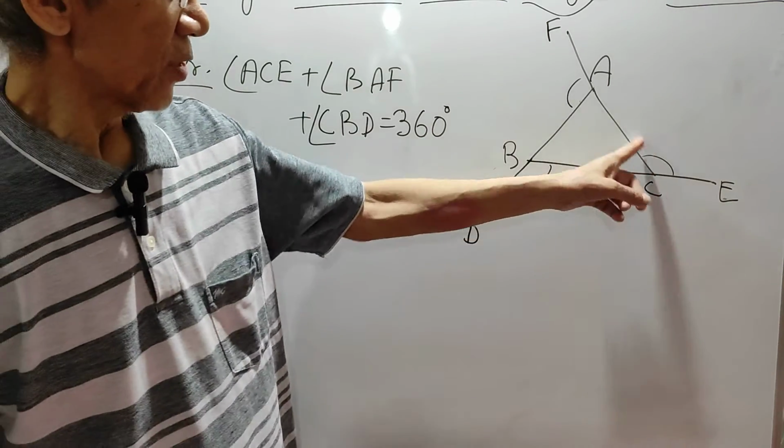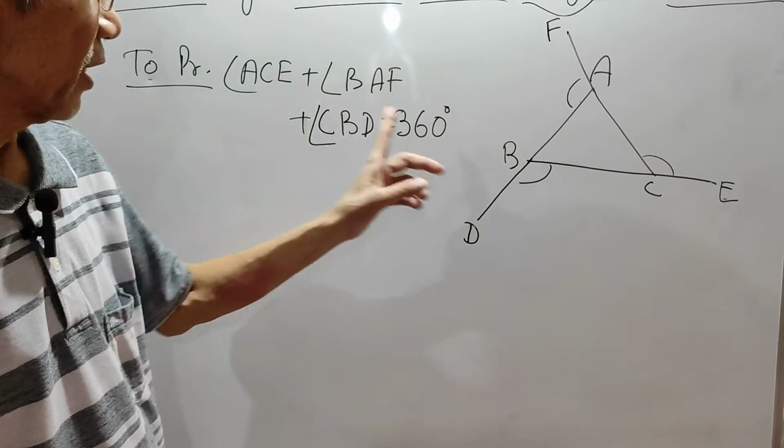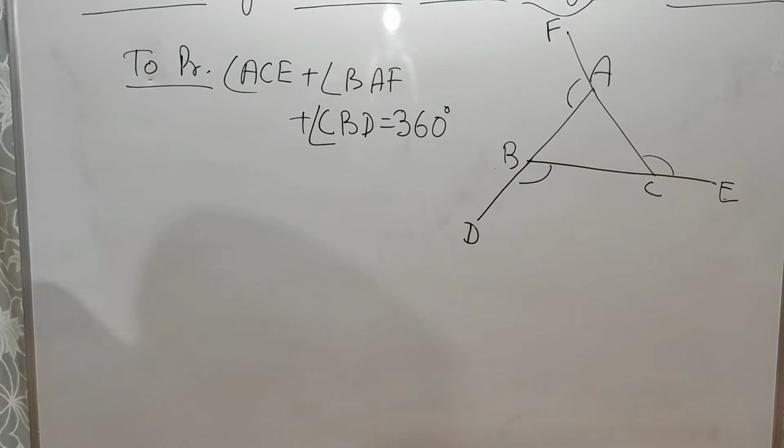So this plus this plus this, the sum of three external angles equal to 360 degrees, you have to prove.